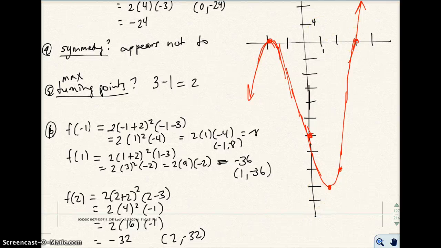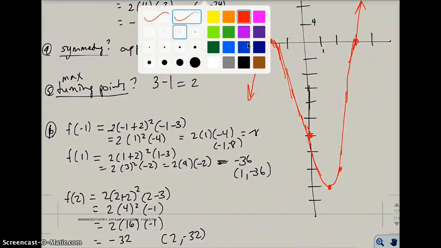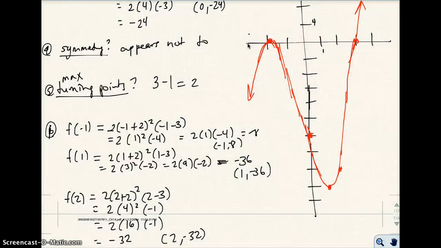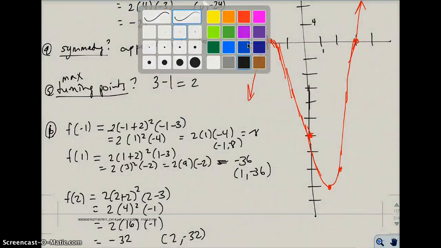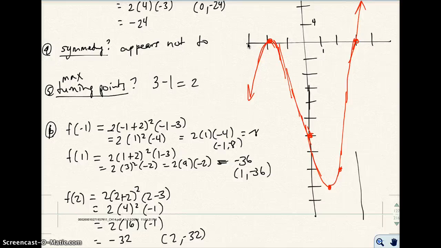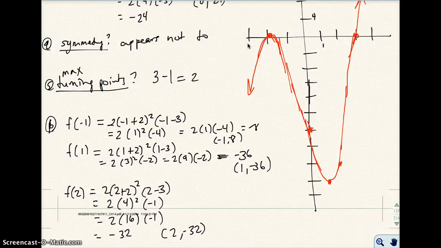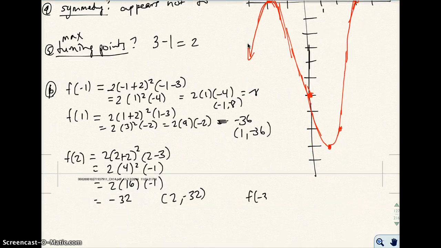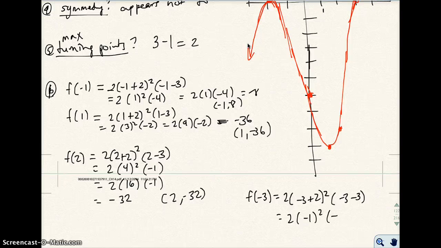To get a better graph here, I want to see what's going on right here. So let's do f of negative 3. That's another point I might want to do. So f of negative 3 would be 2 times (negative 3 plus 2) squared times (negative 3 minus 3). I get 2 times negative 1 squared times negative 6.